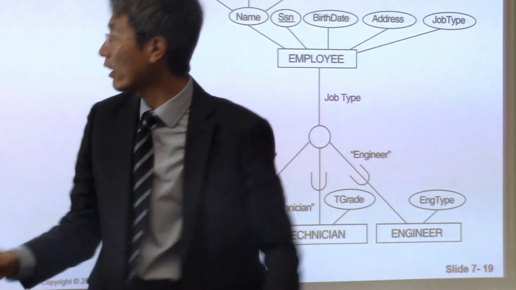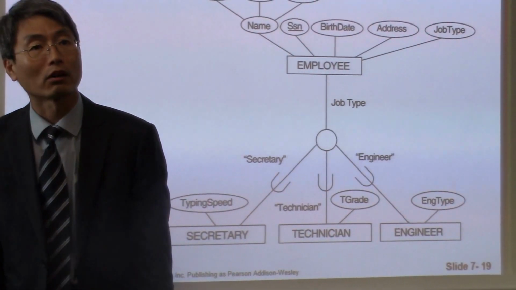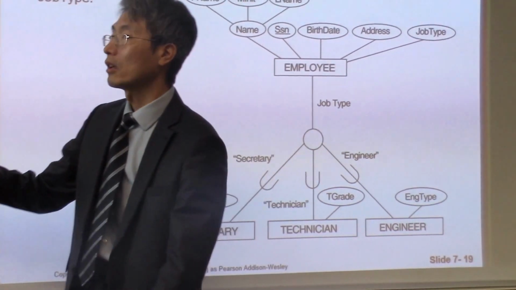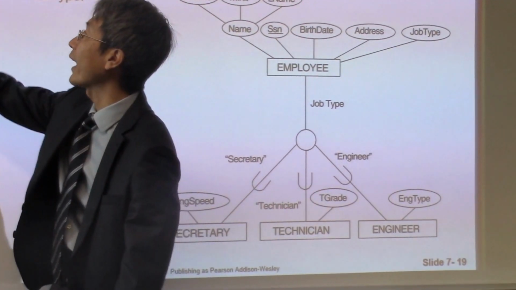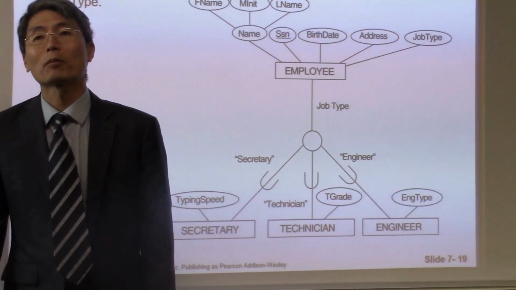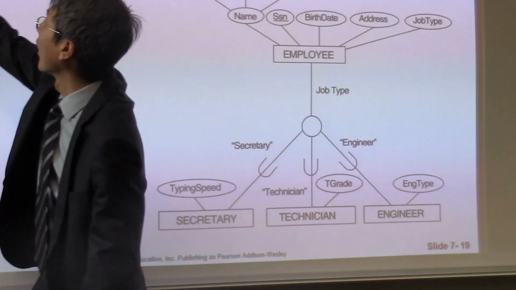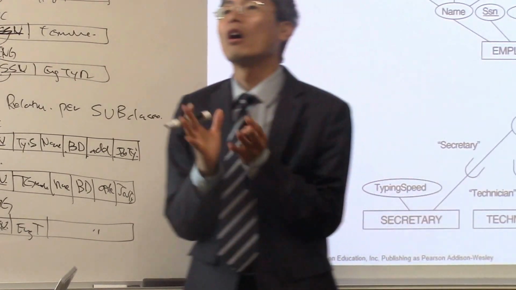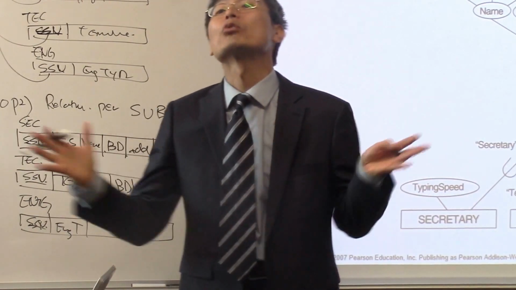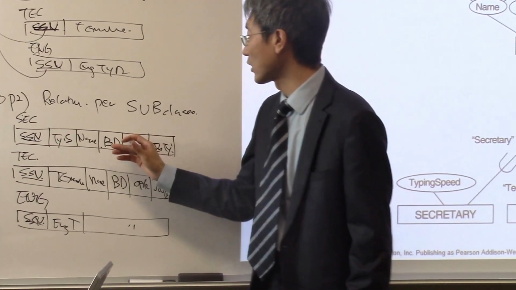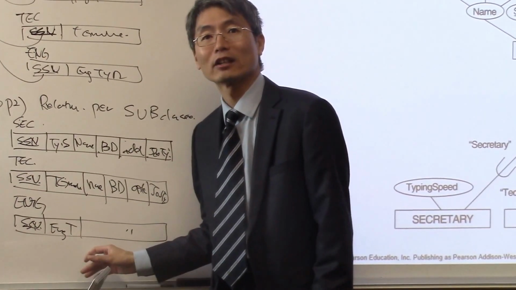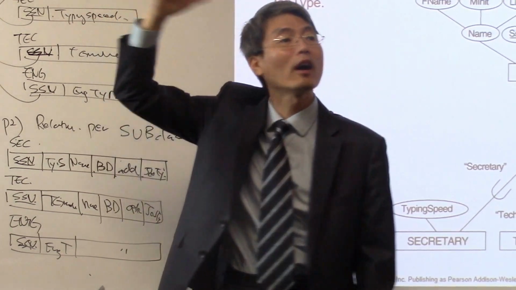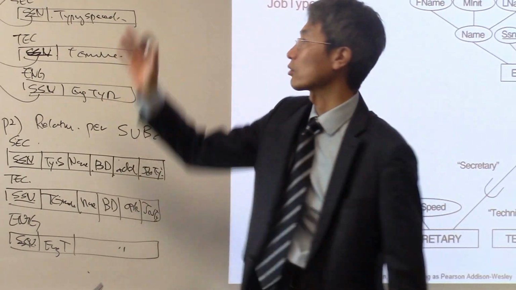It's separate. At that time, this one is better. However, if in your system you have a lot of applications that access only employee information, like for example, who has the birthday this week, if you use this one, you need to access separate tables. But this one only accesses this. If you have any common information, this one is better.